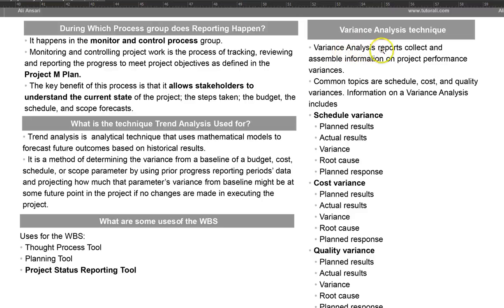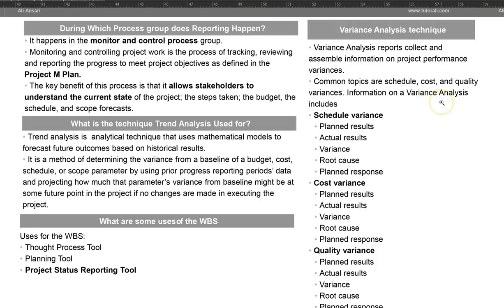The variance analysis reports collect and assemble information on project performance variance. Common topics that are included are schedule, cost, quality, and scope variance. So you have schedule variance, cost variance, quality variance, and scope variance.